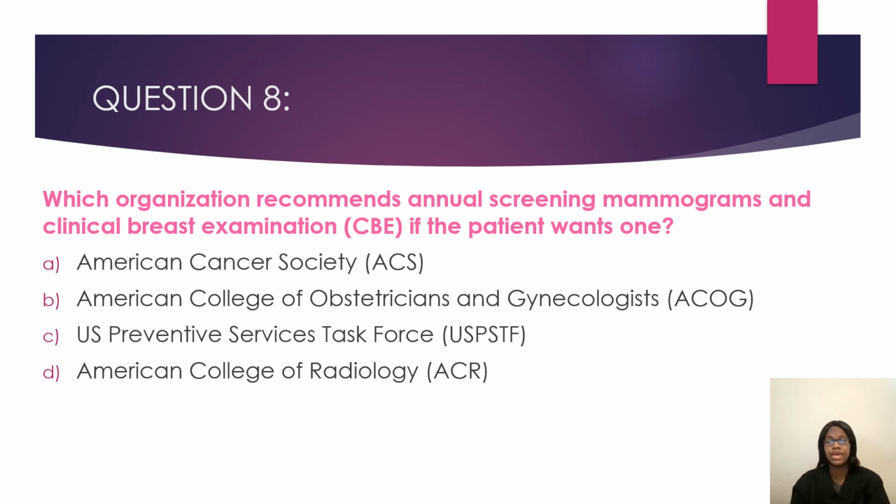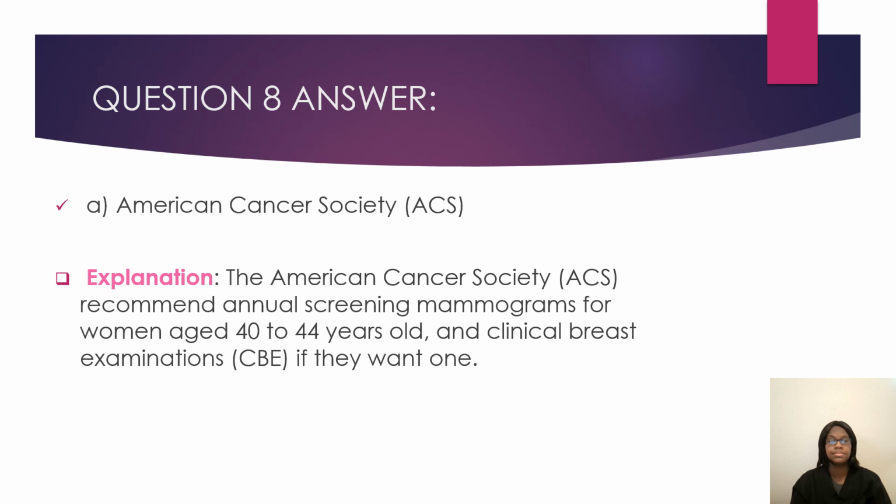And if I'm going too fast, you can always just rewind it and pause it. ACS. The American Cancer Society, or ACS, recommends annual screening mammograms for women aged 40 to 44 years old and clinical breast examinations, or CBE, if they want one.